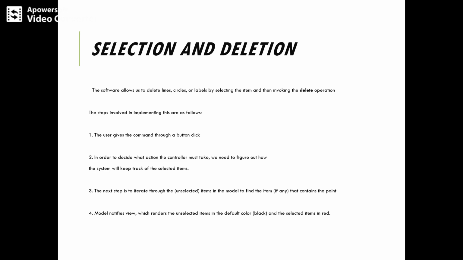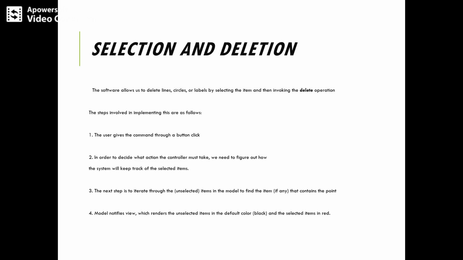The fourth step for implementing selection and deletion: the model notifies the view, which renders the unselected items in the default color, for example black, and selected items in red. The view enumerates the two lists separately and uses the appropriate color for each.